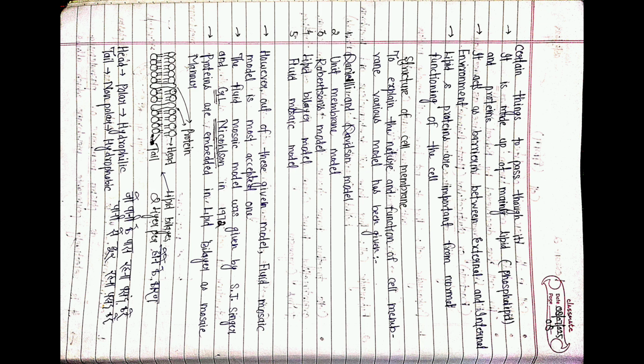Proteins are embedded in the lipid bilayer in a mosaic manner. The lipid bilayer has a head and tail, two layers of lipid. The head is hydrophilic, which likes to stay near water. The tail is nonpolar, hydrophobic.